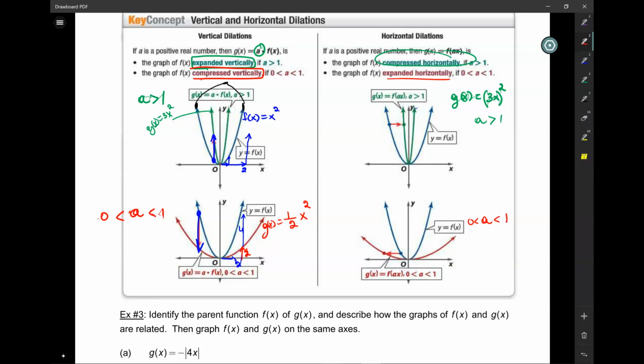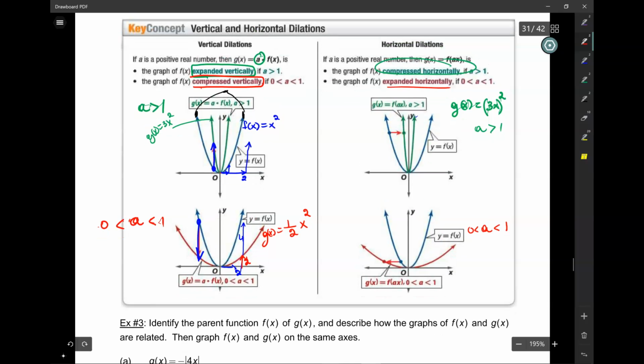But just know that internally, backstage, it's a different process. I don't need you to know expanded vertically or compressed vertically or horizontally. If you just know that there is a vertical dilation or a horizontal dilation, that's good enough.